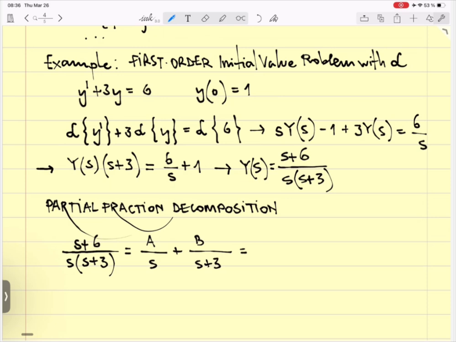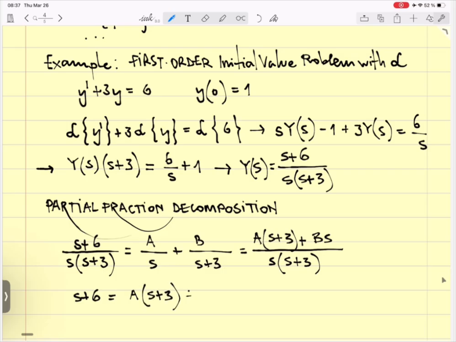This equals a times s plus 3 plus b times s divided by s times s plus 3. So s plus 6 equals a times s plus 3 plus bs for all s.